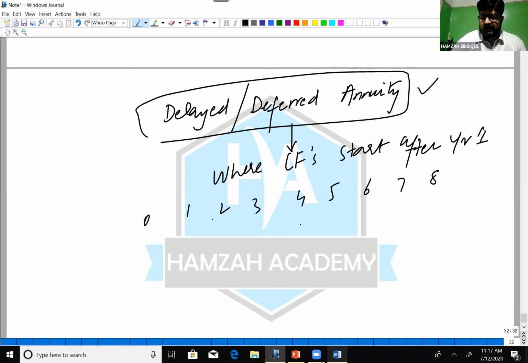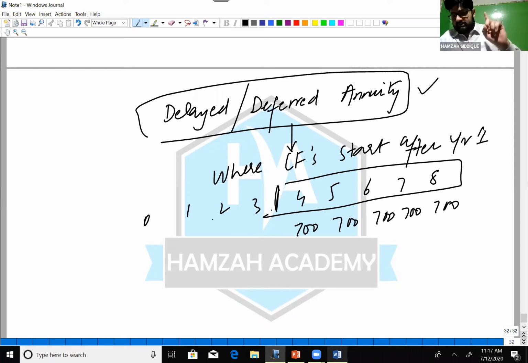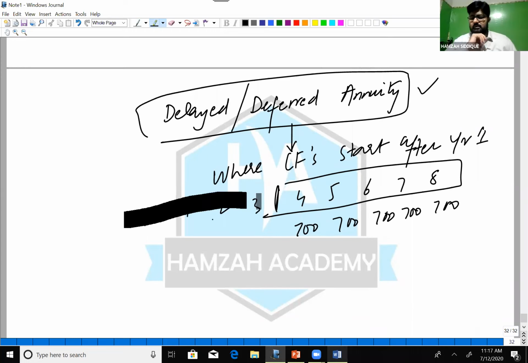For example, it is starting from year 4 or year 3 or year 2, not year 1. After year 1, deferred or delayed. So if we forget this is year 1 and this is year 0, then this is year 2, year 3, year 4, year 5.